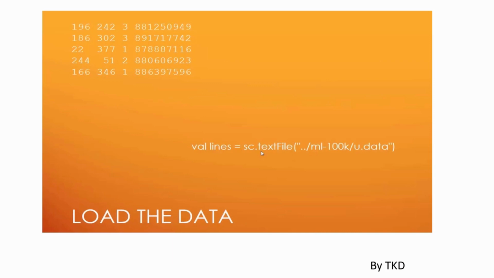The way to interpret each line is, for example, user ID 196 watched movie ID 242 and rated it 3 stars at this time, and so on and so forth. So we are importing the raw data, and it lives in an RDD called lines at this point.